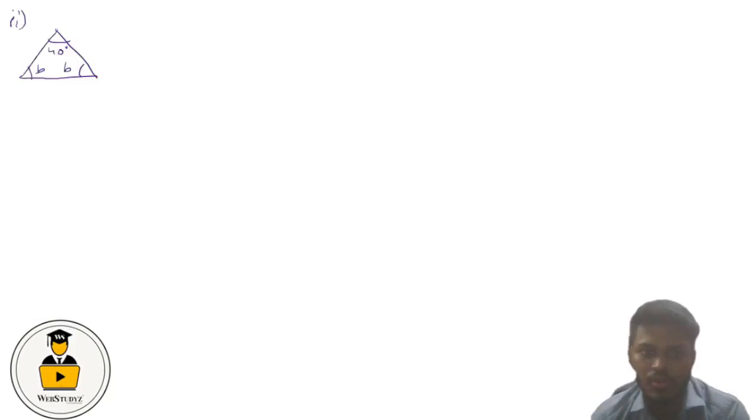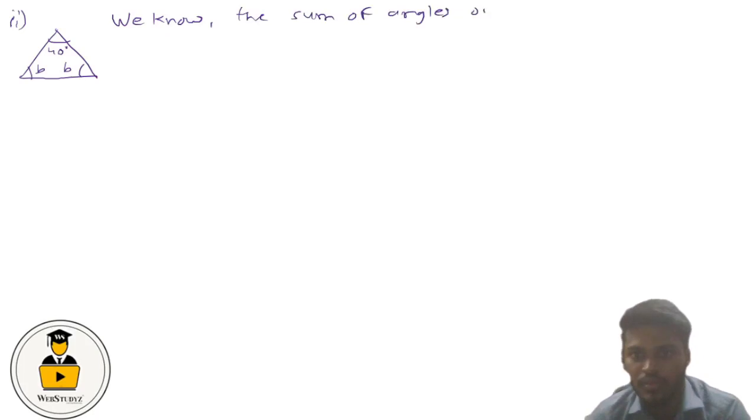Now we know that the sum of angles of a triangle is equal to 180. So if we find the sum, it is 40 degrees plus B plus B equals 180 degrees.